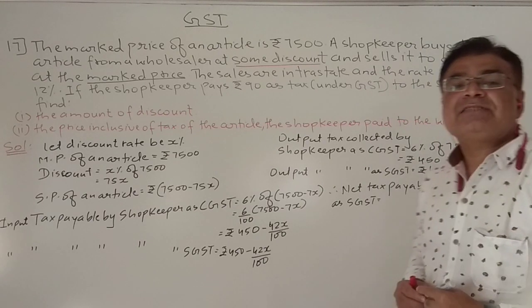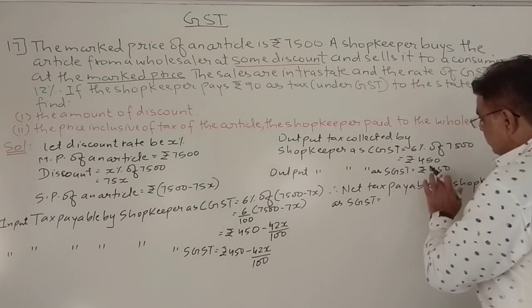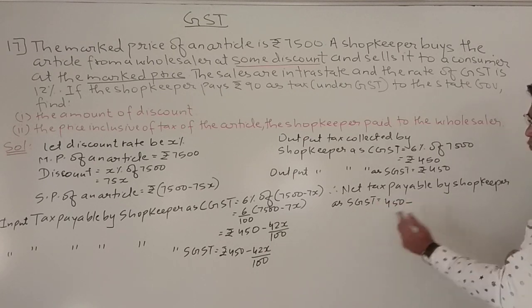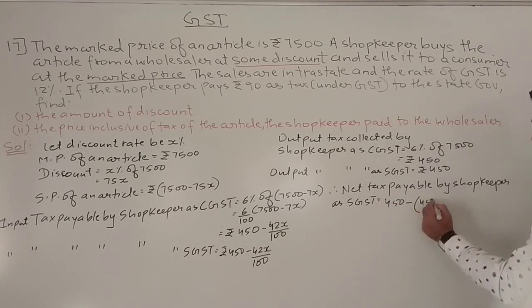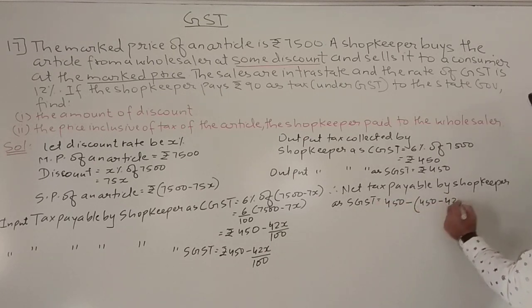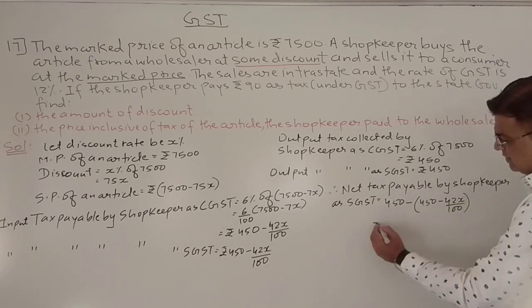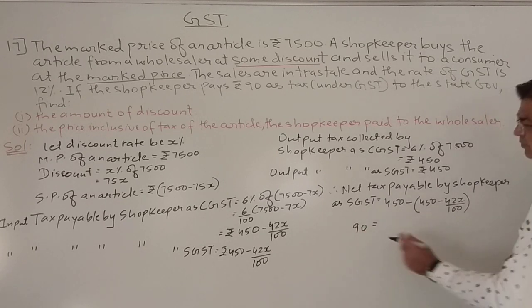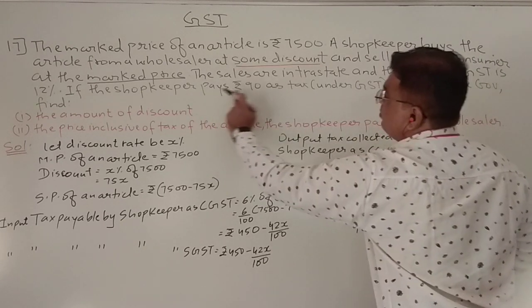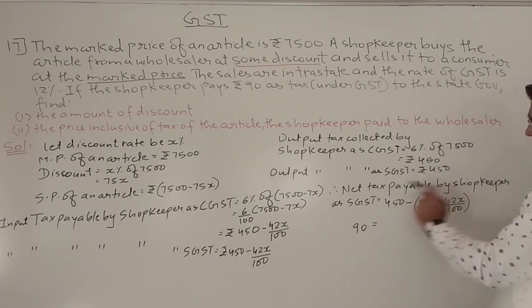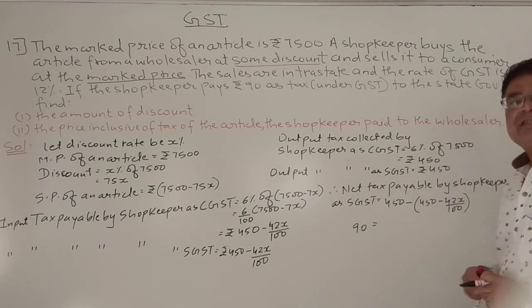Yes, output tax minus input tax. So output tax is 450 minus input tax, which is 450 minus 42x upon 100. And what is that amount? That amount is 90 rupees. So this is equal to 90, because it is given that the shopkeeper pays rupees 90 as tax to the state government. So the net tax paid by the shopkeeper was rupees 90.